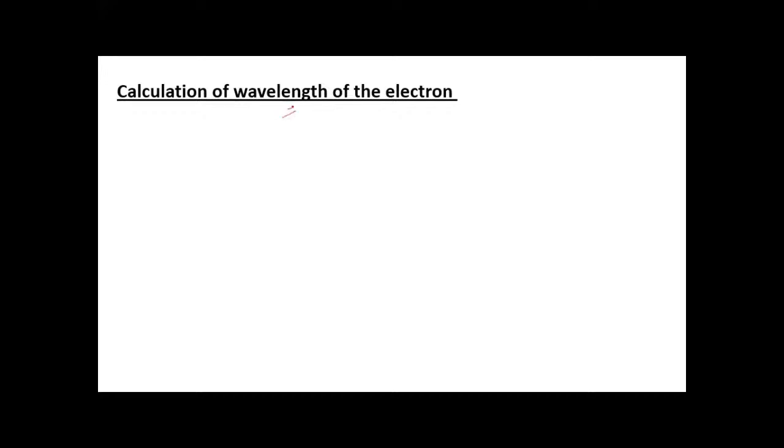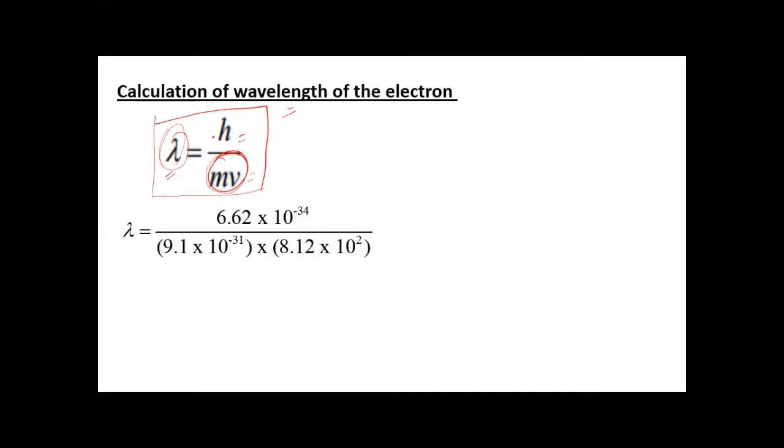We know the relationship between lambda and mv. This relationship is de Broglie's relationship. Here lambda is equal to h upon mv. When we substitute the value of h, m and v that we calculated in the previous slide, the value of Planck's constant is 6.62 into 10 to the power minus 34.